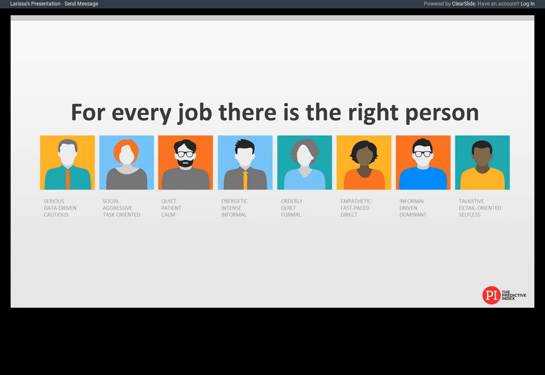So that's why it's really important to do these, to get the right kind of feedback and to review them on occasion. Because his was from 2011, we reviewed it to make sure it was still the accurate description. So for every job, there is the right person, and using the two tools is what helps us get there.